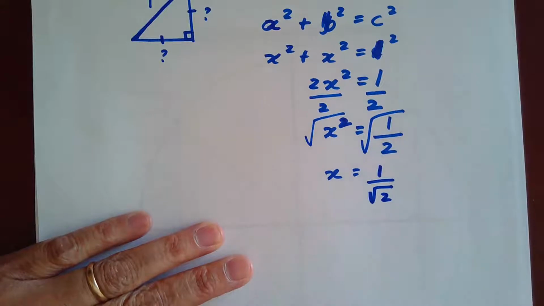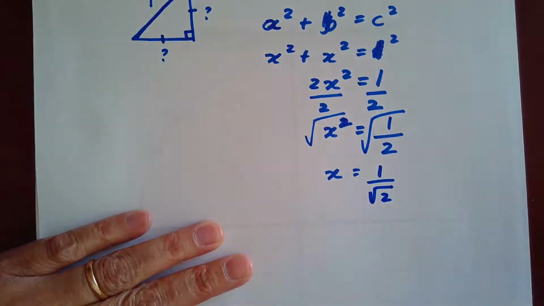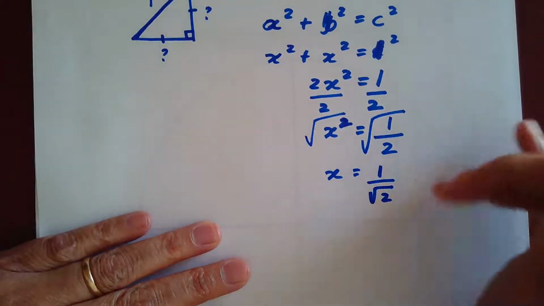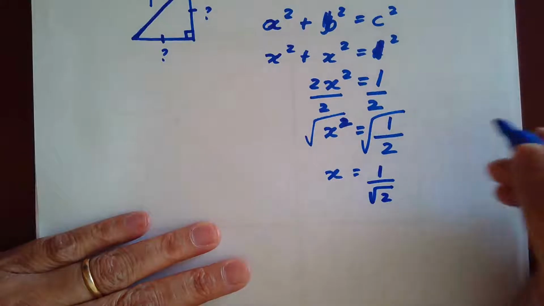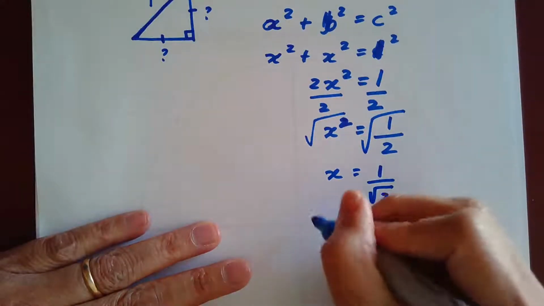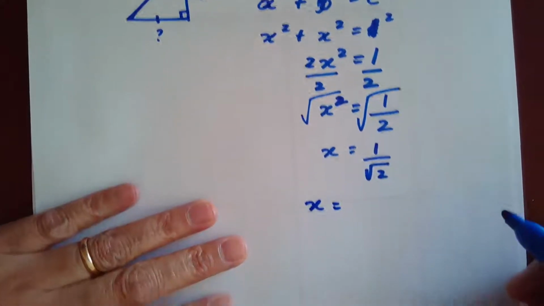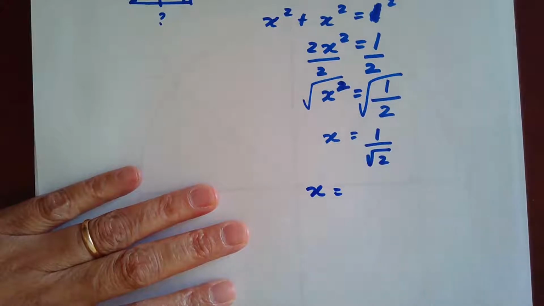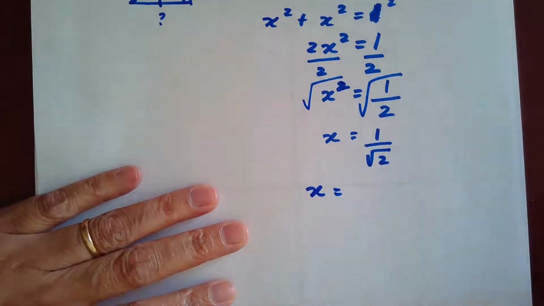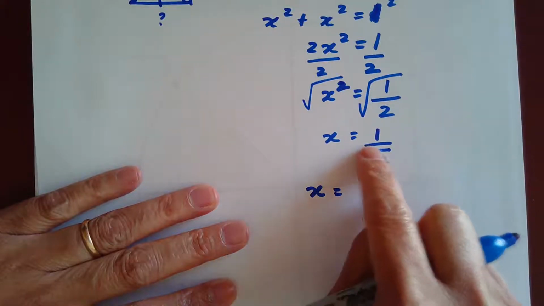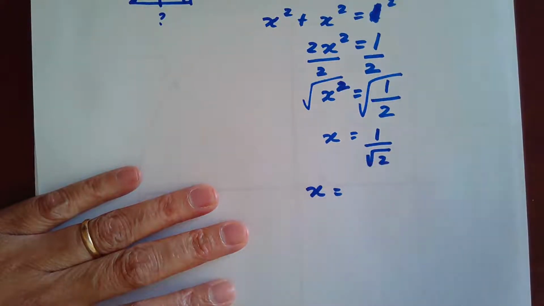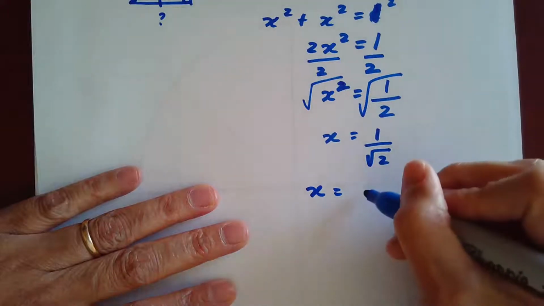We can write it like this, and this is perfectly fine, but in other texts, they rationalize the denominator. You might see it in other parts of the book, might be from our book as well. They would rationalize the denominator, meaning that they don't want the radical in the denominator. So how do we do that?